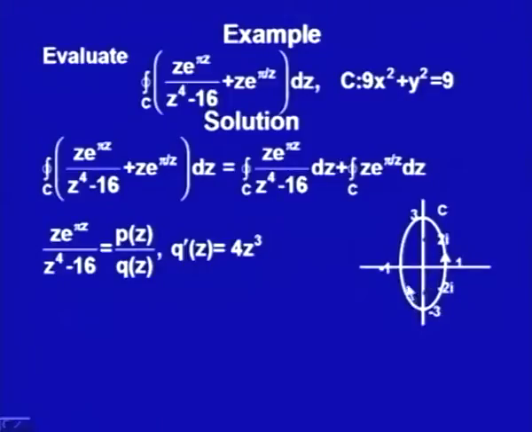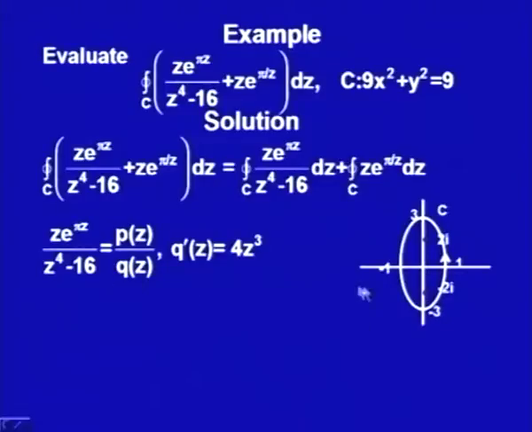So, for this first integral, we have to evaluate the integral of a function which has two isolated singularities inside the contour. So, we would use the residue theorem here for a finite number of isolated singularities.